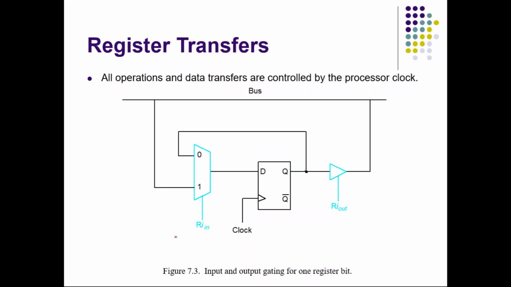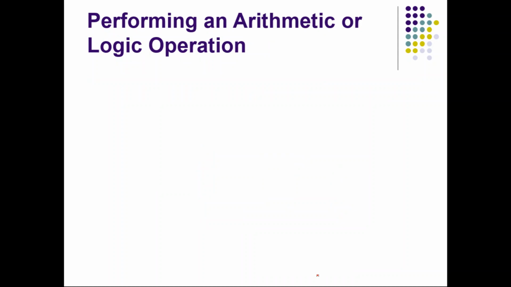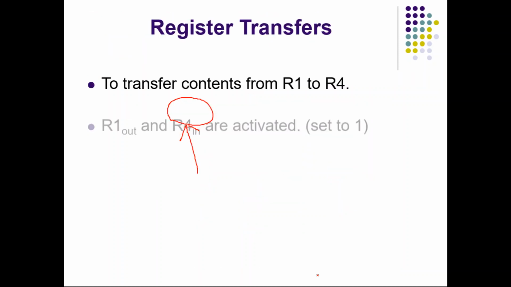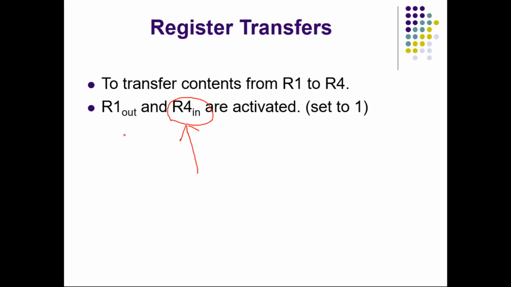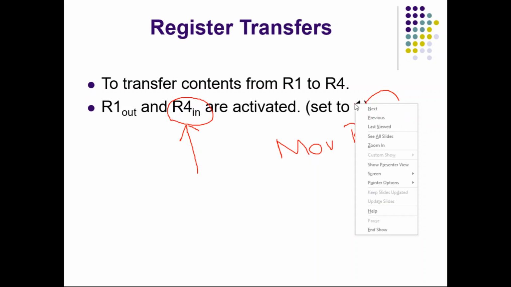Similarly, this is how it is internally implemented for either 16 bit or 32 bit. We are trying to understand with a 1 bit register. So first, what we have discussed is register transfer. Register transfer happens like this only. For example, when you give move R4, R5, internally this is what is happening: moving the content from R5 to R4.